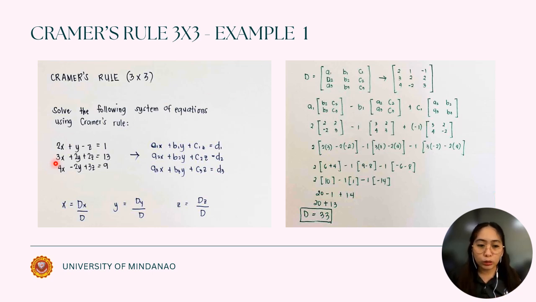So 2, 3, and 4 for the A, 1, 2, and negative 2 for the B, and for the C, negative 1, 2, and 3 here. So we have the coefficient matrix so that we can solve for D.